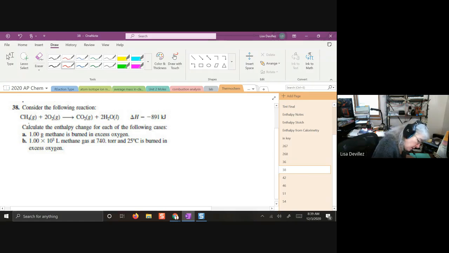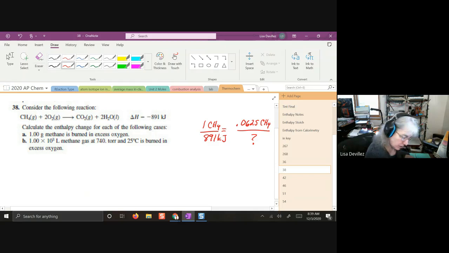So this one is 0.0625 methanes of that, and this is 1 methane to 891 kilojoules. So that would be times 891, or 55.7 kilojoules. So that's part A.